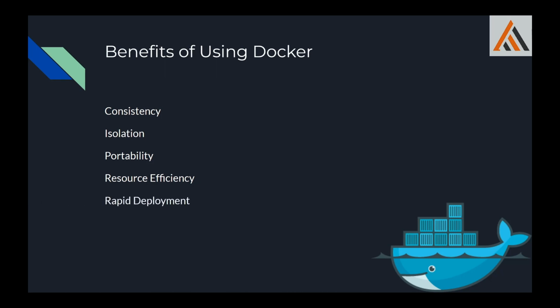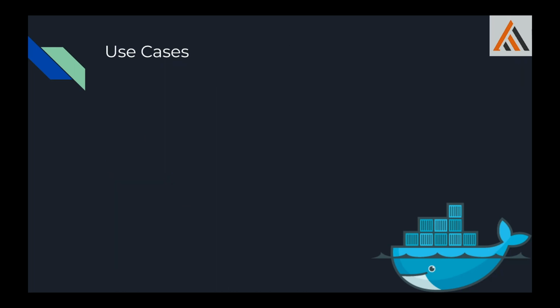Rapid development. Docker allows us to deploy applications quickly and efficiently, reducing the time it takes to get from development to production. Further, we will see the use cases, which show where Docker is used.